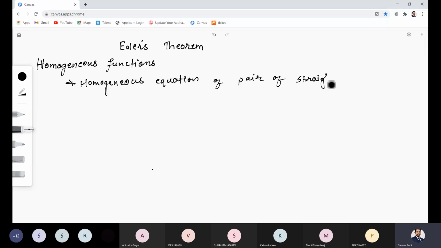Can anyone tell me what is the equation? So the equation was ax square plus 2hxy plus by square. Pair of straight lines passing through origin. I should mention this, passing through origin.